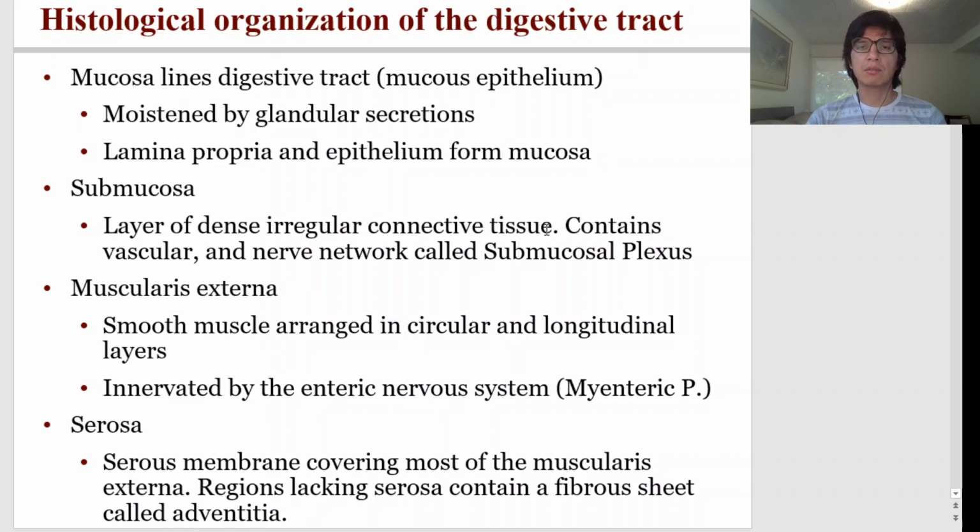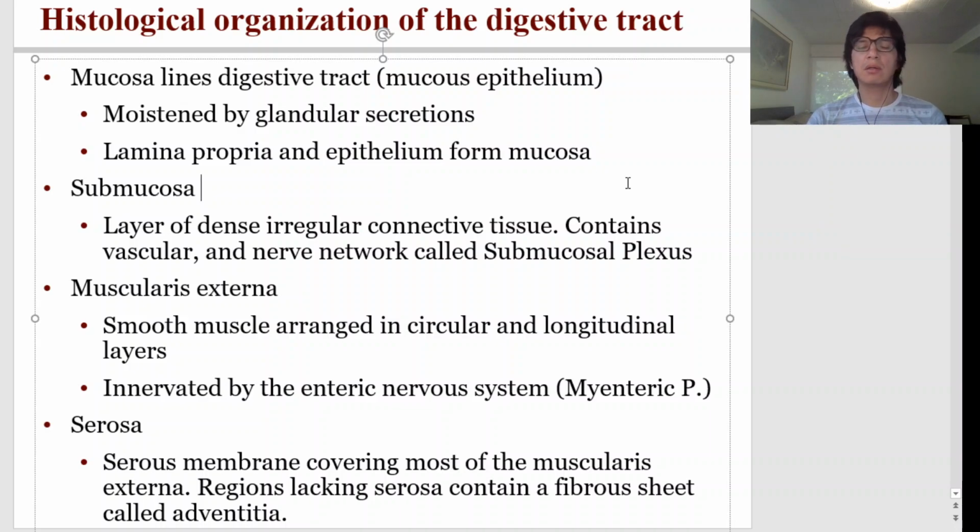The submucosa is composed of dense irregular connective tissue. It contains vascularization as well as the submucosal plexus, which is innervation that aids in the expression of components of the submucosa, especially glands.